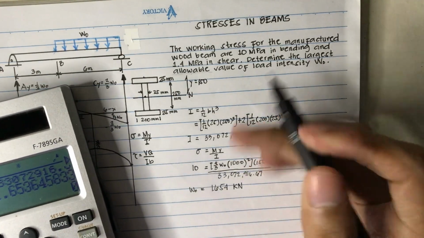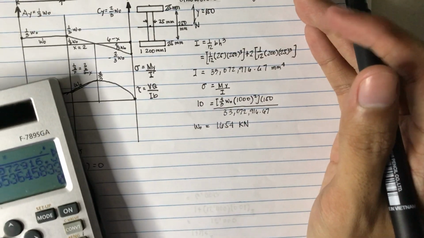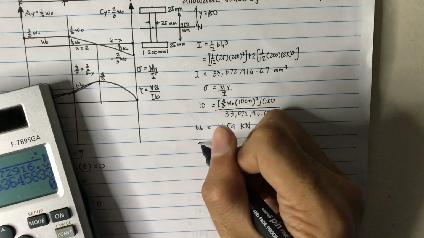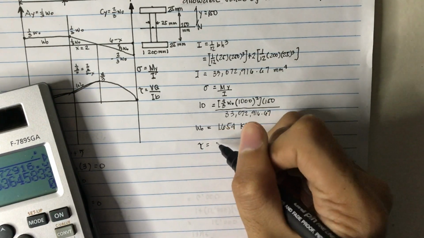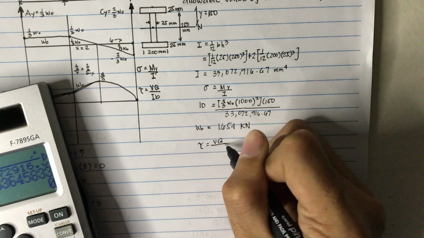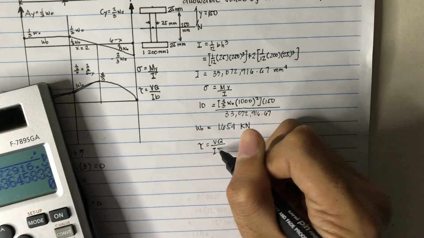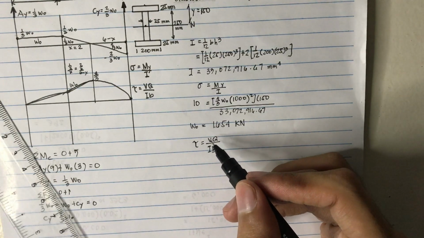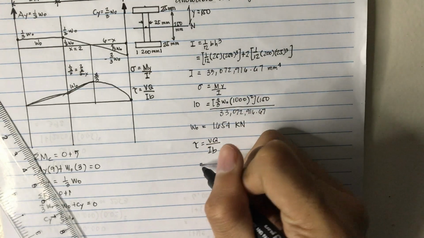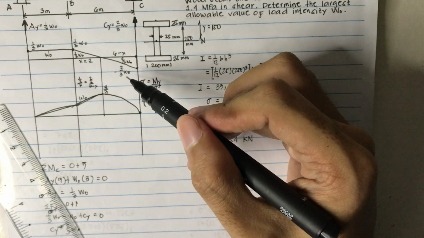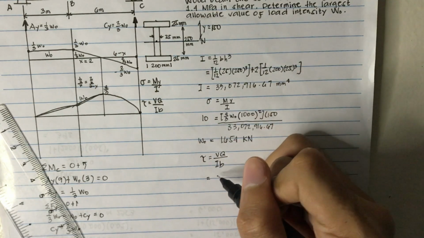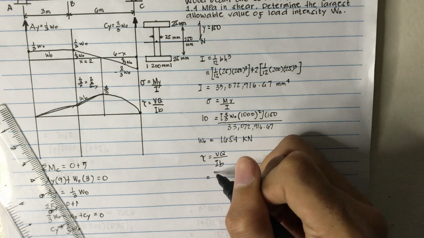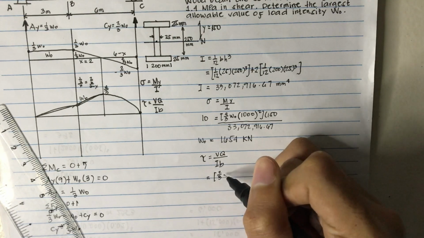Next is ang shear stress. So naatay formula nga VQ over IB, where V is ang atuang maximum nga shear. Maximum nga shear is 2/3 WO.